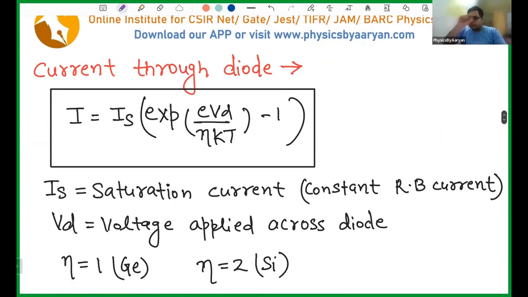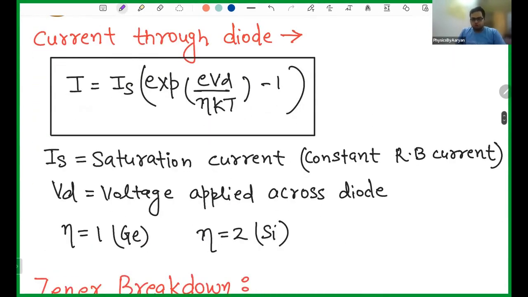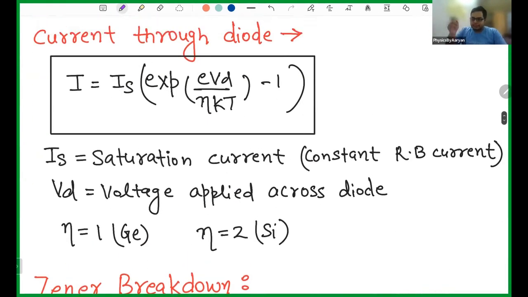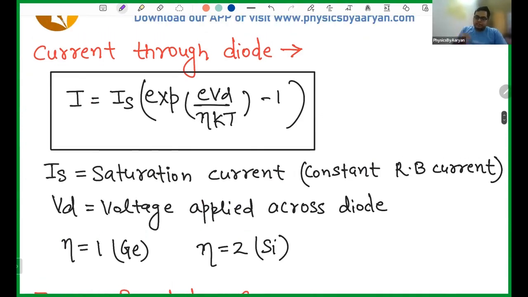Okay. So current through the diode is I equals IS. IS is this saturation current whose value is most probably given to you. IS is basically the current flowing in the diode when it is reverse biased. It's known as a saturation current. Into exponential of E, where E is the charge on electron, VD, where VD is the voltage you applied across the diode in forward biasing, divided by eta KT.